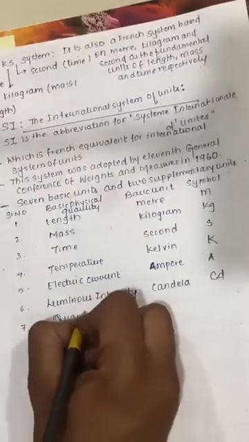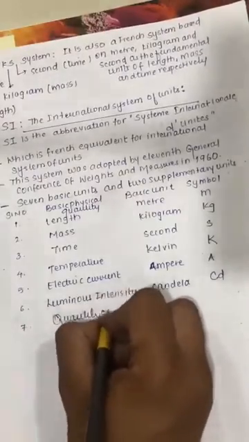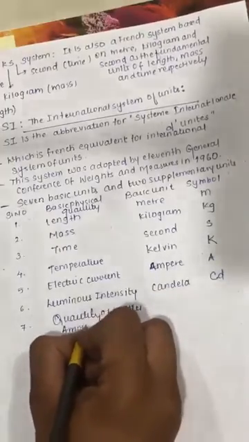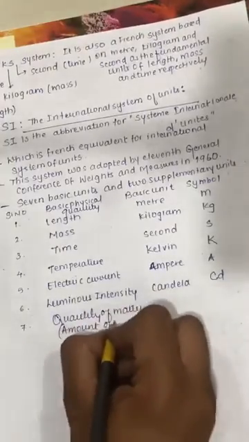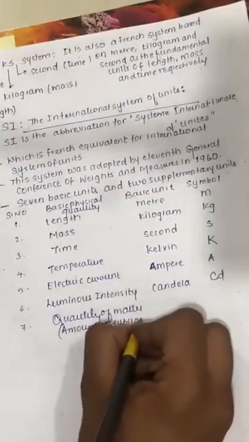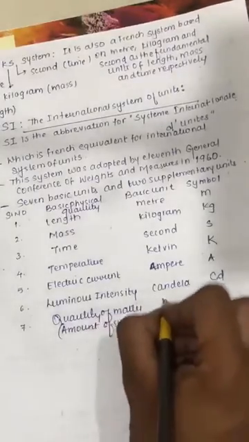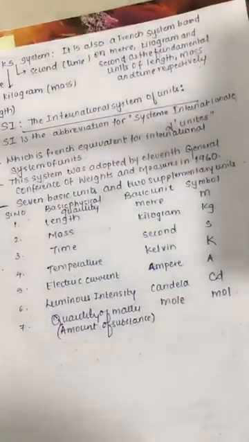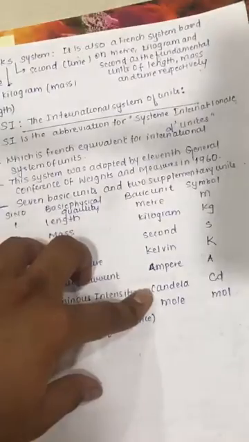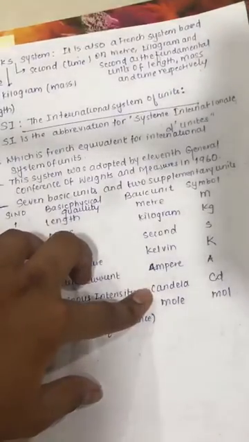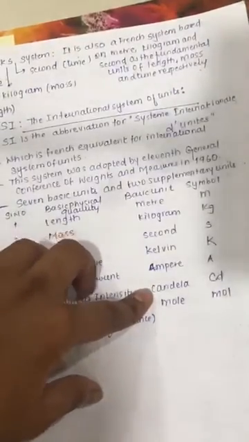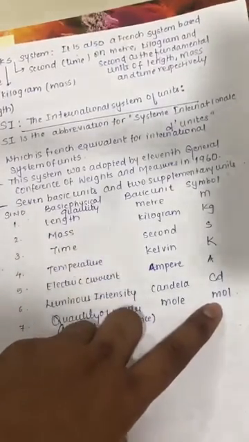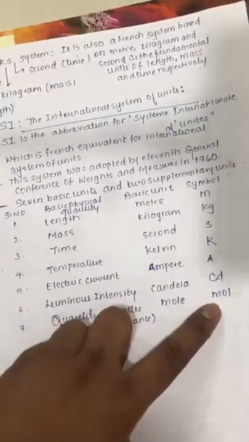Quantity of matter, or more precisely it is known as amount of substance, in some books it is written amount of substance. Unit is mole. Remember one thing, the unit we write as MOLE, and the symbol is MOL.